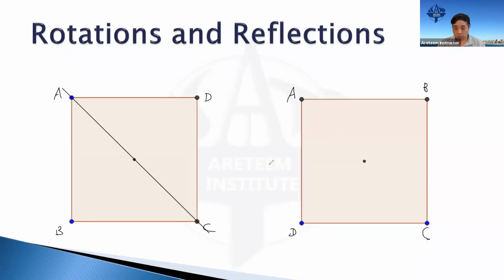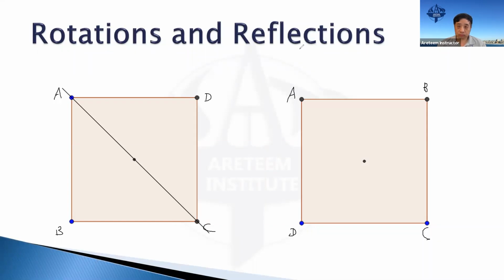The four letters ABCD are also in a clockwise direction. So after one reflection, counterclockwise becomes clockwise. This way you can never rotate this thing from a counterclockwise to a clockwise direction.